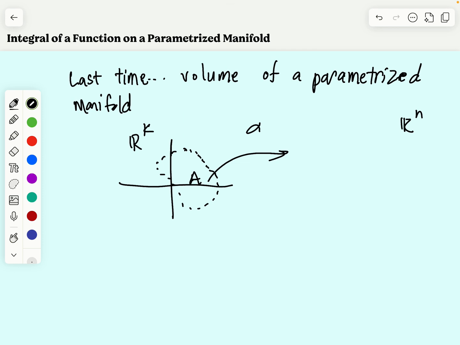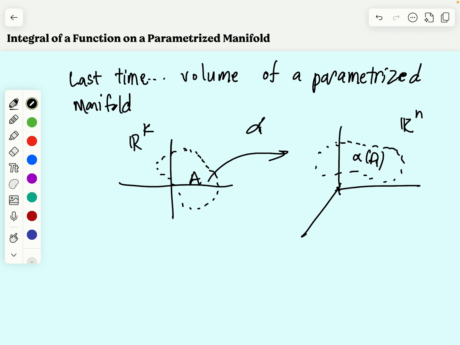Let's say n is 3, and then you get some set alpha of A, and we call that Y.